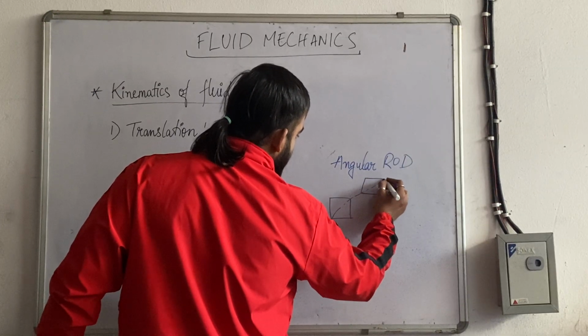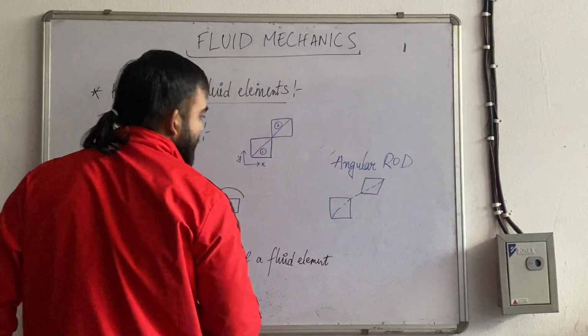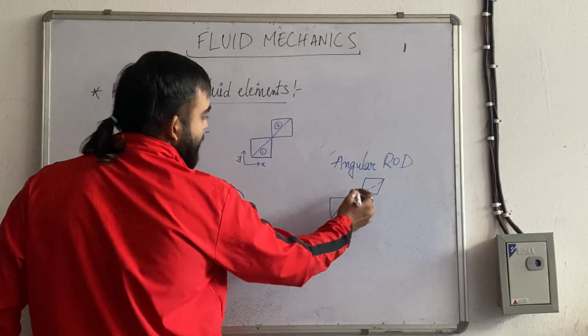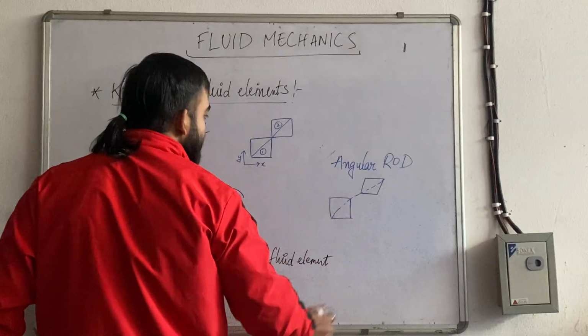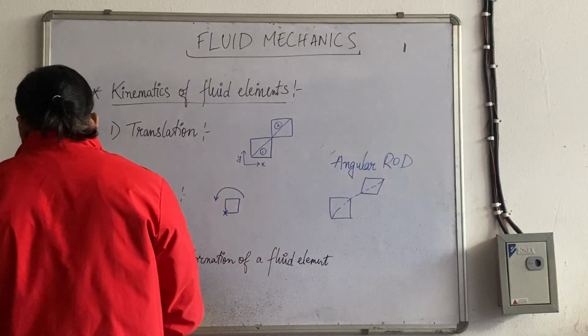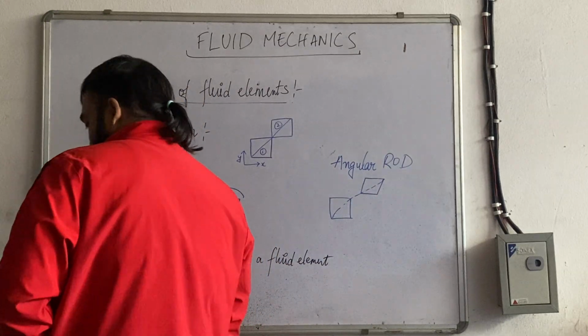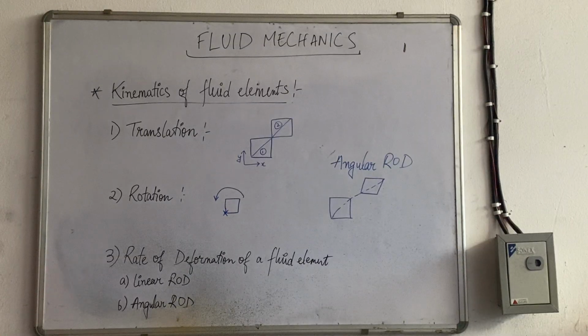This type of deformation is known as angular deformation. As you can see, all of the angles of the box have been changed. Now you can go through it, take a screenshot, do whatever you want to do.